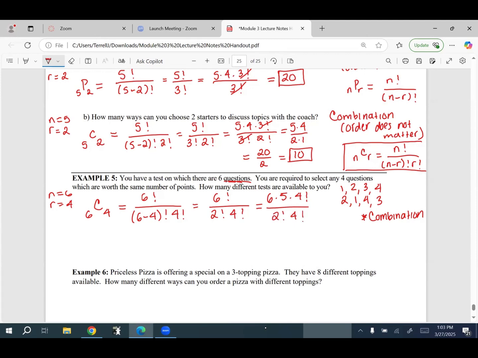And again, I planned this so that I can cancel those 4 factorials. And so what I have is on the top, 6 times 5, and in the denominator, 2 times 1. This is 30 divided by 2, which is 15. There are 15 ways that I can select 4 questions.